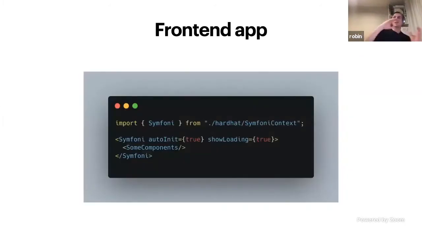So you set up the smart contract project, then you need to use it in your front end. We generated this React context file. So just import that and wrap all the components that need access to your smart contracts into this.